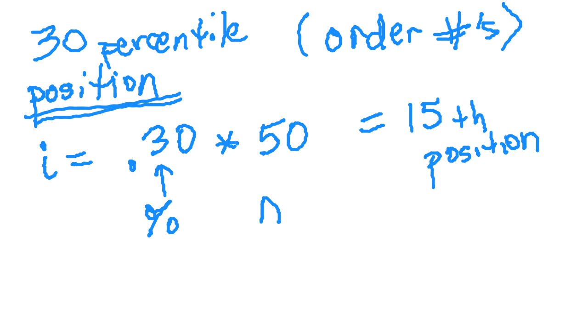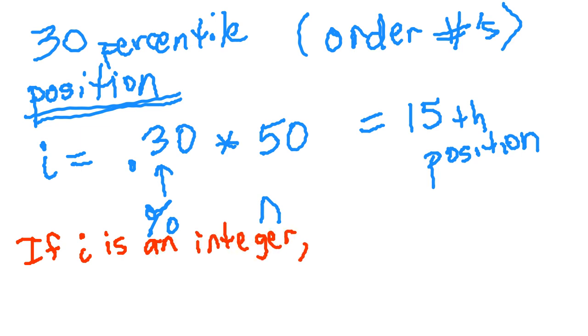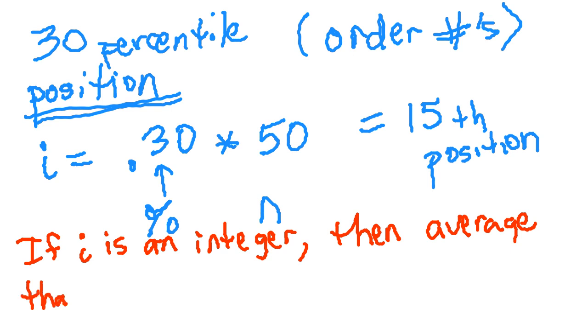If this number is an integer, that means no decimals. This is what I was talking about in the announcement this week. If i is an integer or a whole number, which we have, then average that number in that position with the next number.